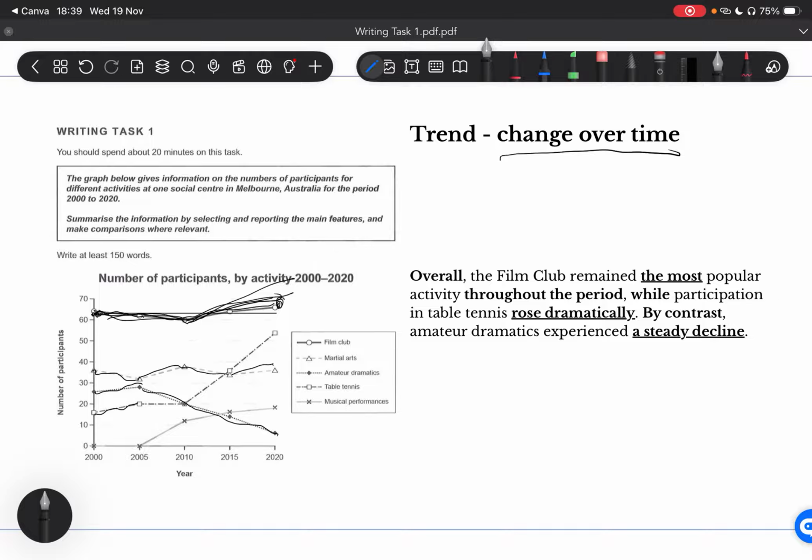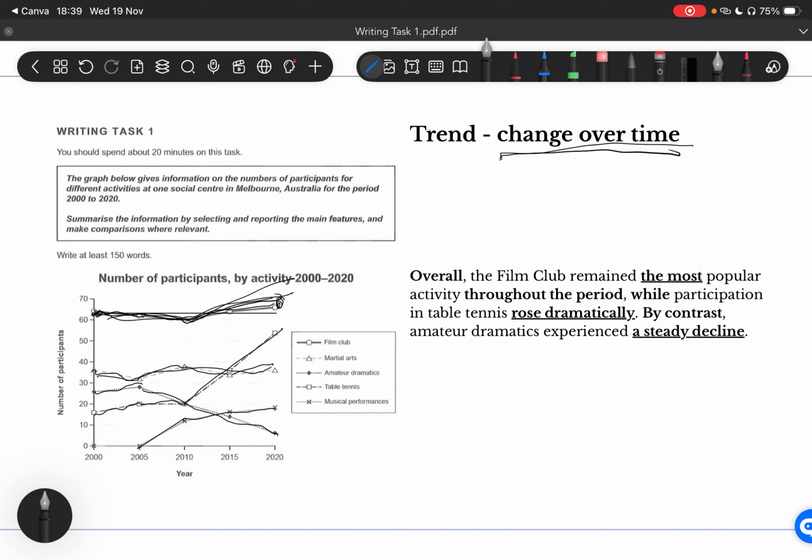For this trend here, we see an increase and a sharp increase in the next half. We also talk about it, and the last one, we also see an increase. So describing each line in your overview is called change over time, describing trends.